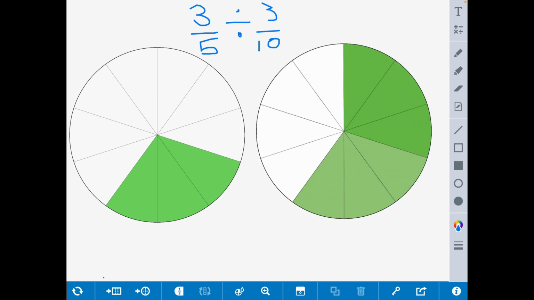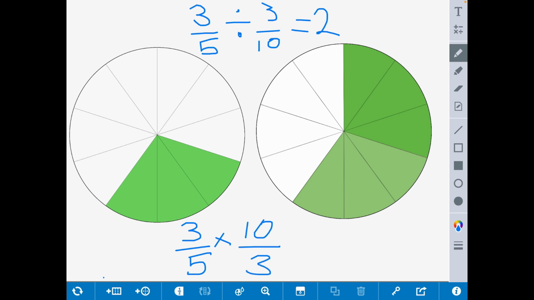So 3/5 divided by 3/10 is equal to 2. Now let's compare that with our multiplying by the reciprocal method. We'll see that 3/5 multiplied by 10 thirds. Notice I've got this third on the bottom. That is equal to, well, 3 times 10 is 30, and 5 times 3 is 15, and that equals 2.